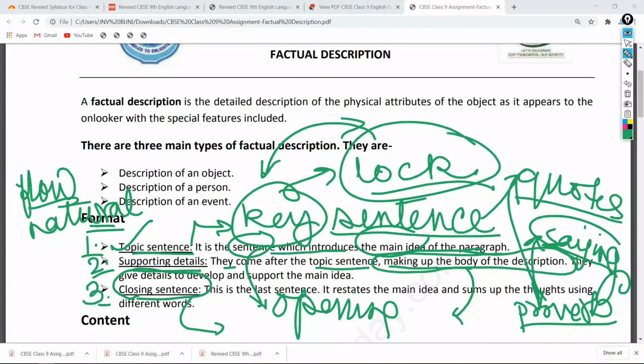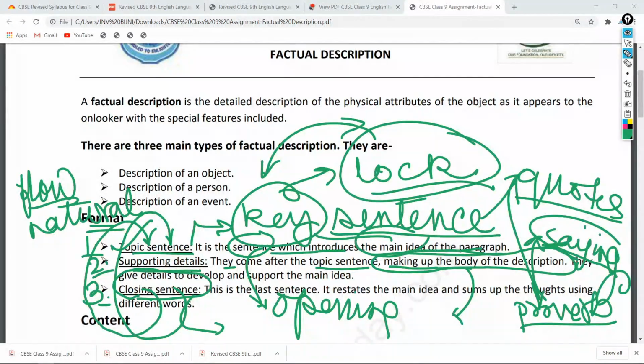How should the ending sentence be? It should establish the key point, the key sentence or the opening sentence or the topic sentence. Have you got it, my dear children? So the closing one should have a relation with the beginning one.